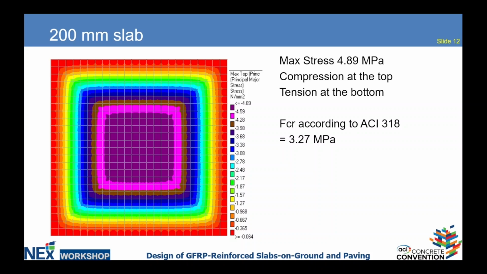The tensile stress at the bottom is 4.89 megapascal, whereas according to ACI 318, the modulus of rupture is only 3.27. So definitely it will crack the slab.